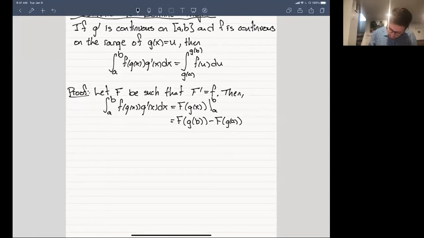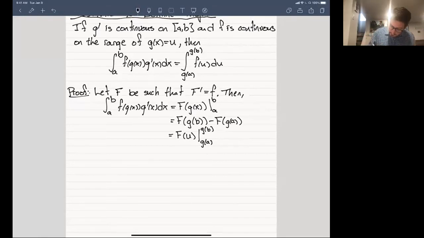But this is the same as saying capital F at u, where u runs from g of a to g of b, right? So I just hid the g function inside of u here.